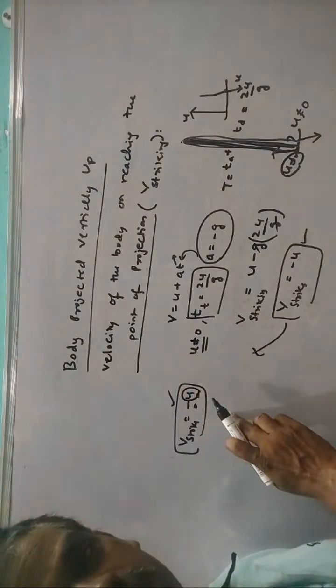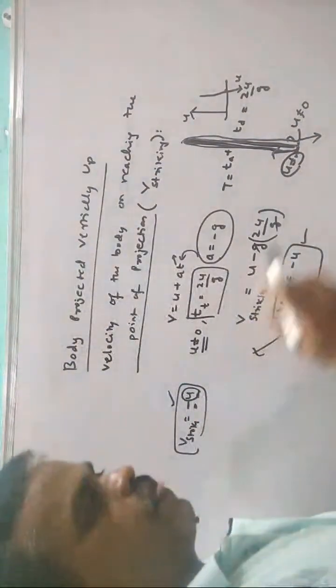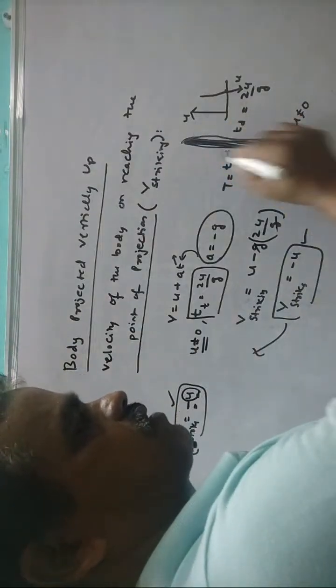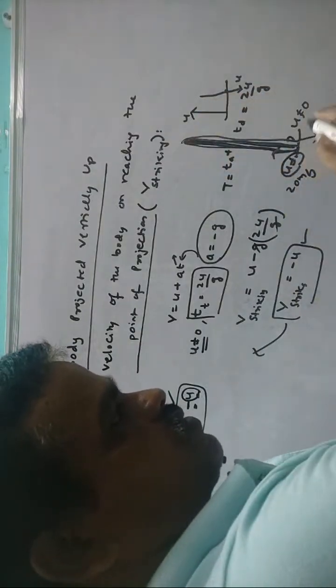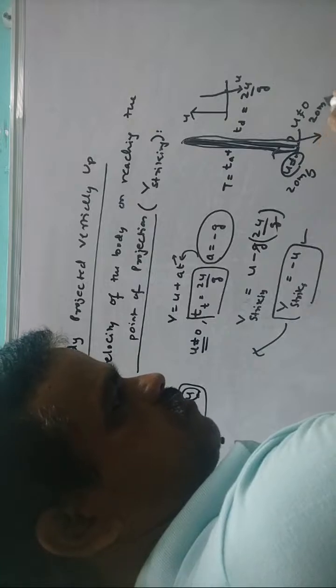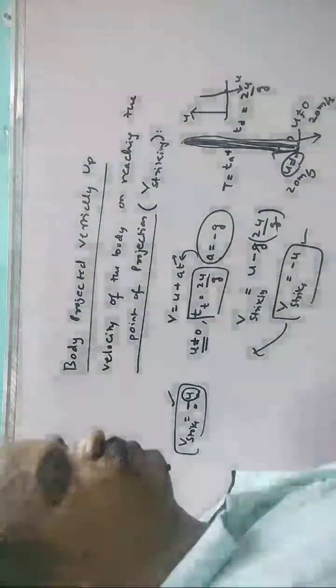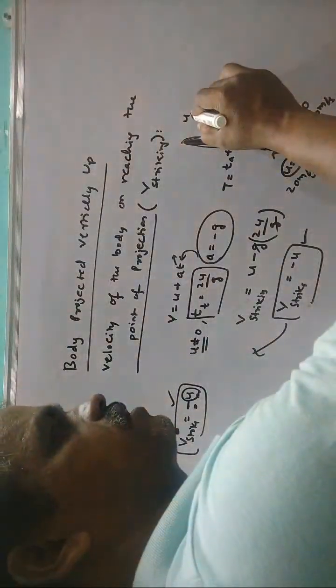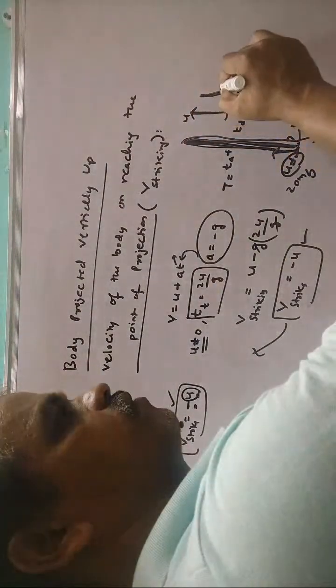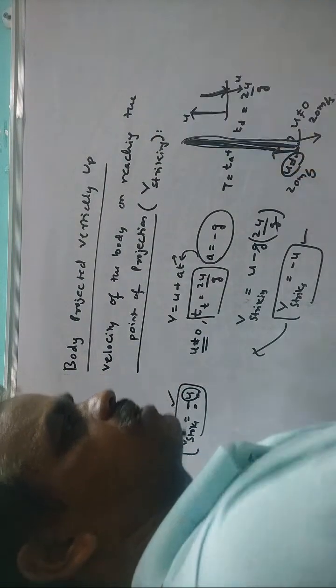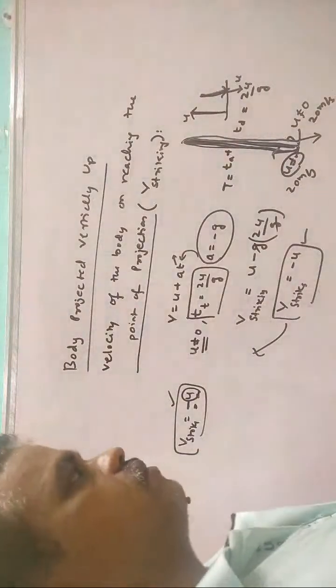What is u here? Initial velocity. For example, if 20 meter per second, if we projected the body, after reaching the point of projection the velocity will be 20 meter per second only, but the direction will be downward. We projected in the upward direction, and before striking the ground the velocity is in the opposite direction to the initial velocity. So this is the situation.